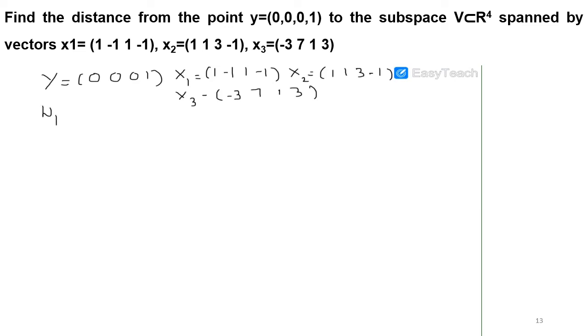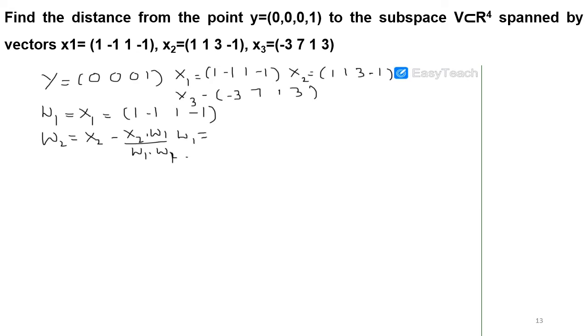W1 is computed as x1. It is equal to 1, minus 1, 1, minus 1. W2 is given by x2 minus x2 dot W1 over W1 dot W1, multiplied by the vector W1.